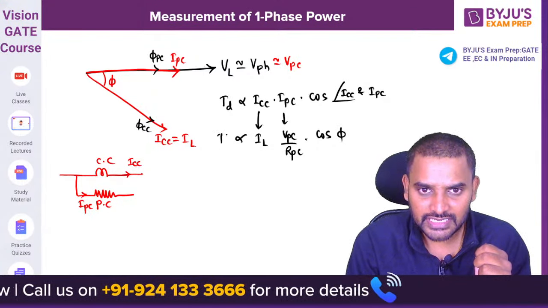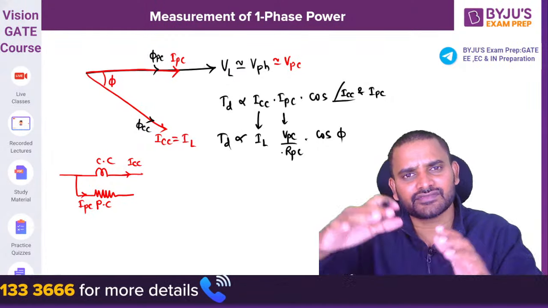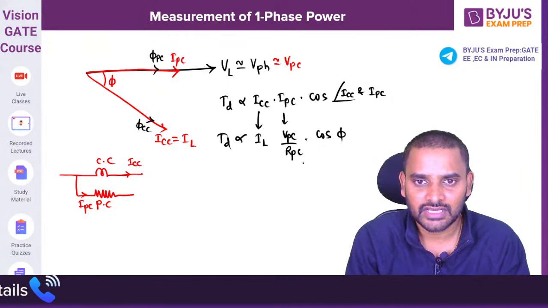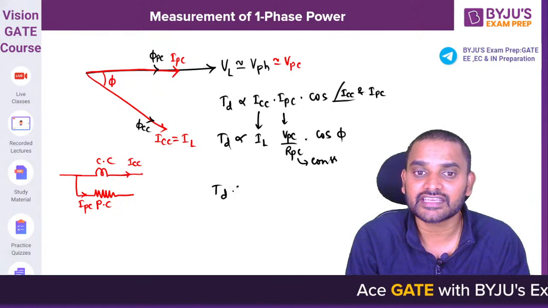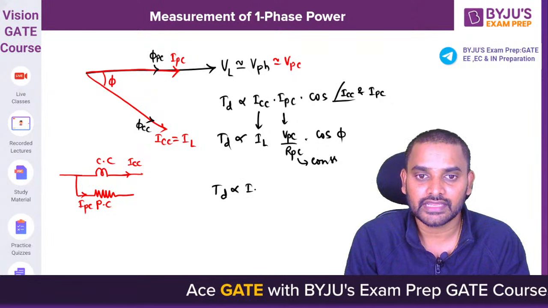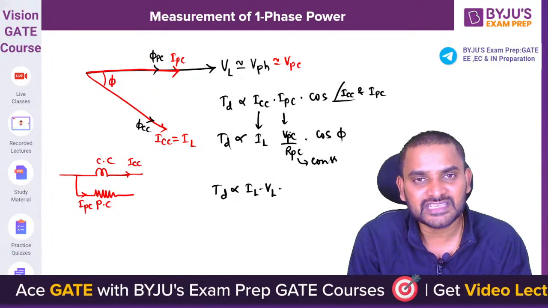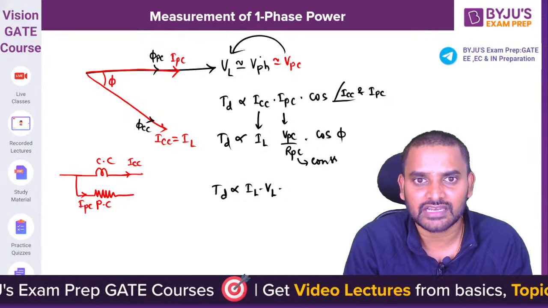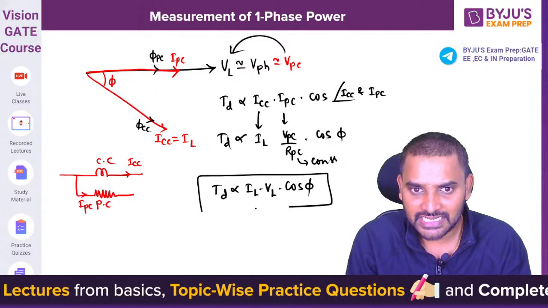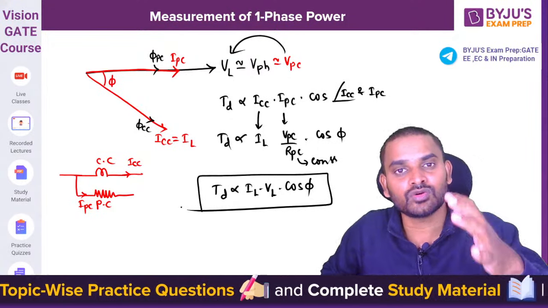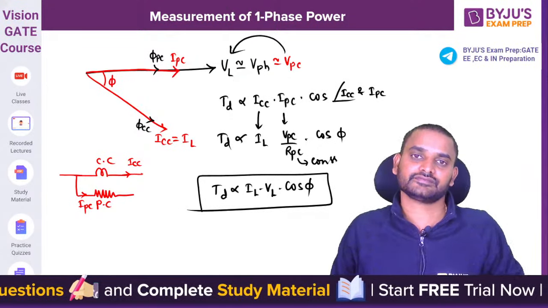So generally RPC is very high and it is made constant. So let me show you. The deflection torque is proportional to IL, VL into cos phi, since VPC is nothing but VL, the load voltage. So the deflection torque obtained by the meter is load voltage, load current and load power factor.